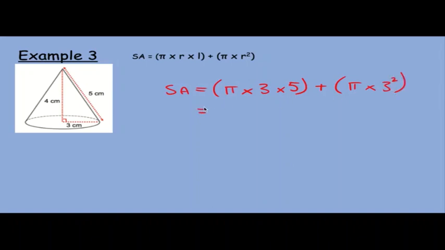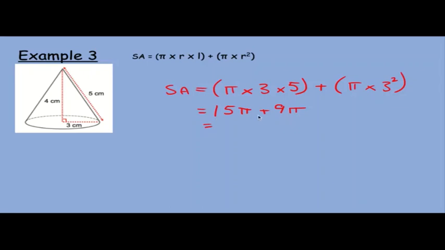So with this being in 2 parts, to make things easier for ourselves, we should first calculate what each of those brackets is, just in terms of pi. So I can see I've got 3 times 5, which is 15. So I've got 15 pi here. Then here I've got 3 squared, which is 9. So I've got 9 pi.